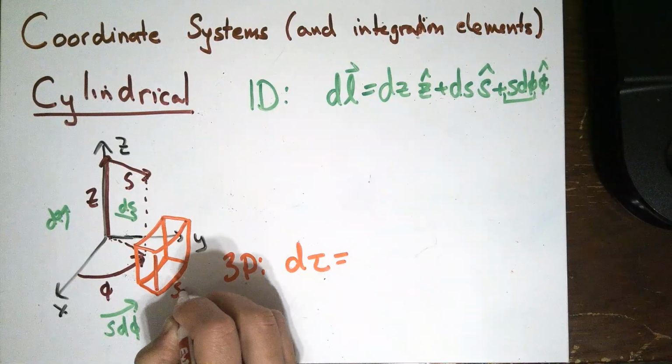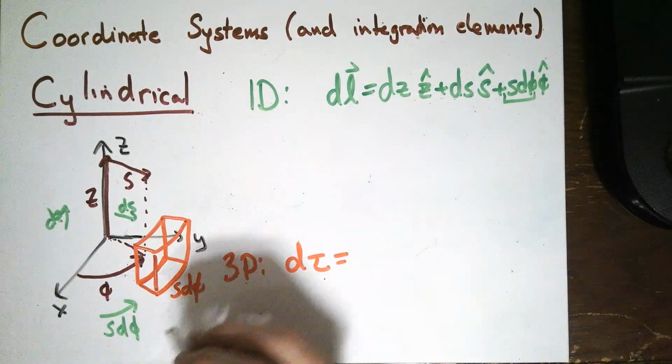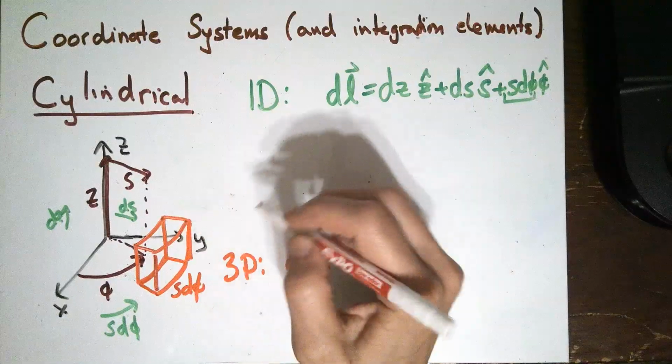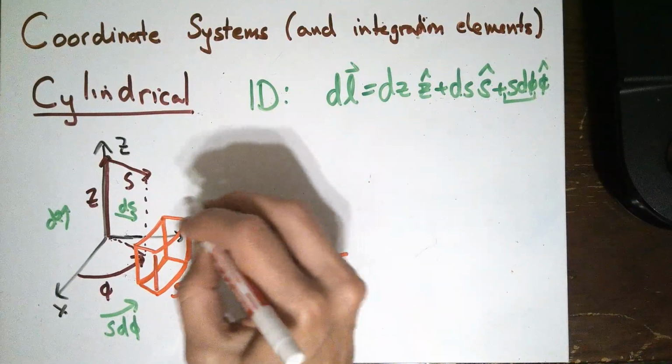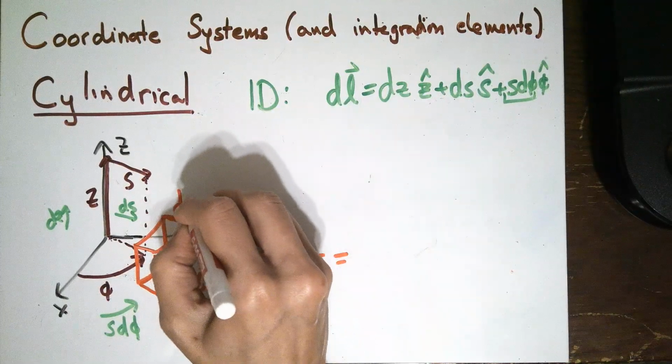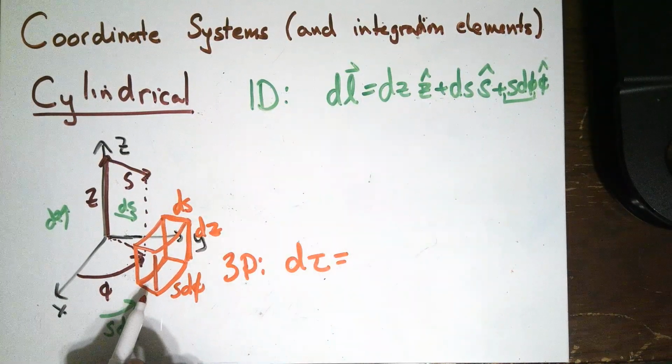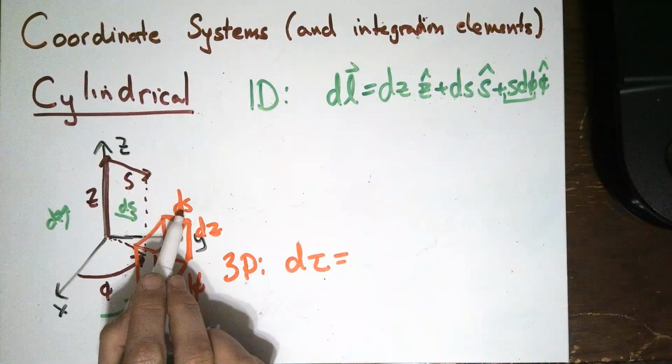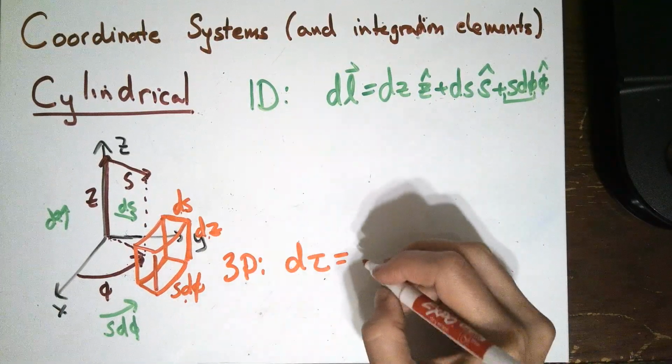So this step here is my S d phi. This side of my element here is dz. This side, that one right there, is ds. So if I want the volume of this red shape, I need to multiply that side by that side by that side.